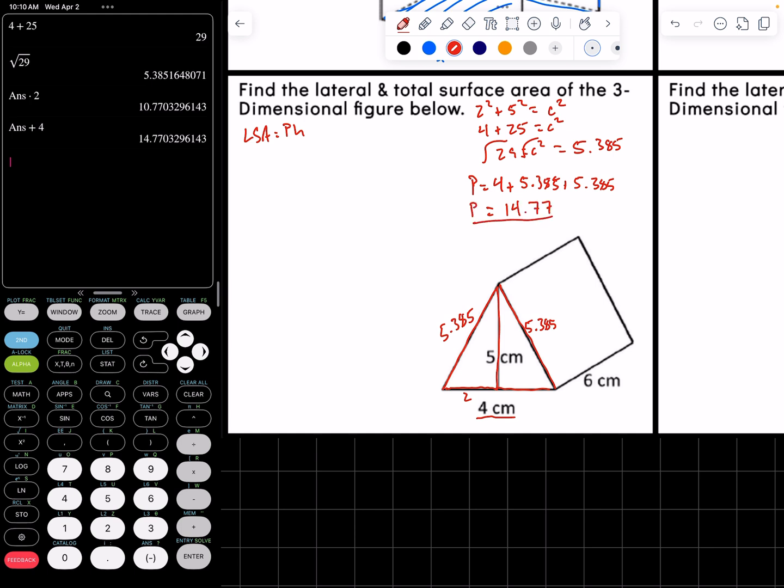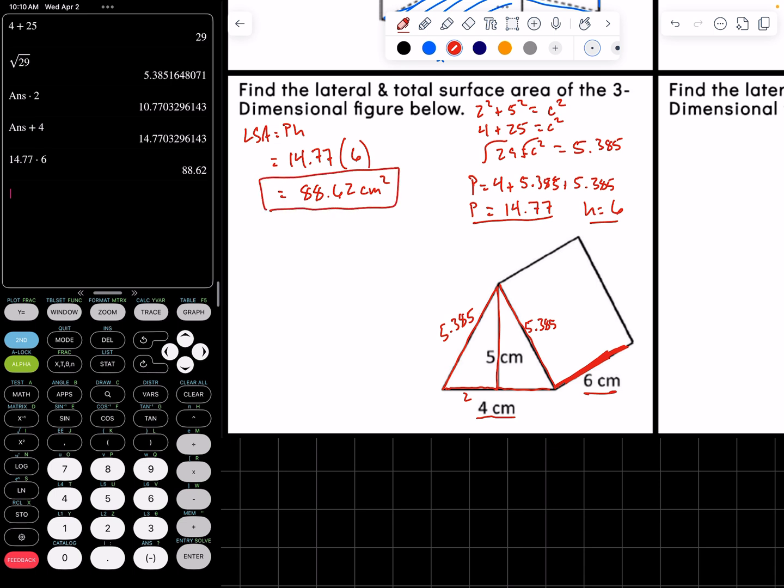And then my height is going to be what connects my two bases, so that is going to be my 6. So my lateral surface area is going to be 14.77 times 6. 88.62 centimeters squared.